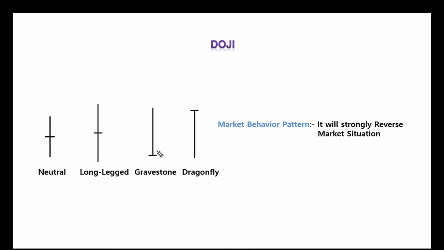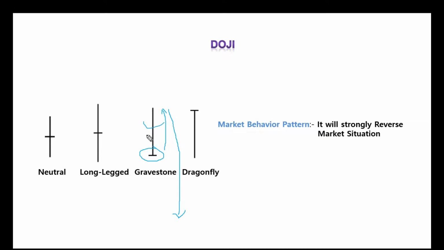Now the other side is the gravestone. Gravestone is a very good candlestick and doji pattern. It shows that the market tried to go upside, but however much it tried to go upside, the sellers pulled it further down, and the sellers became dominant in the market.